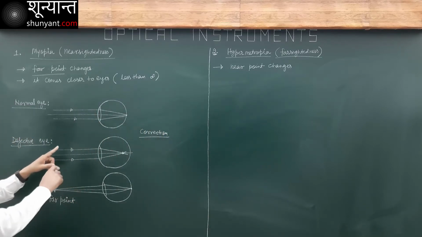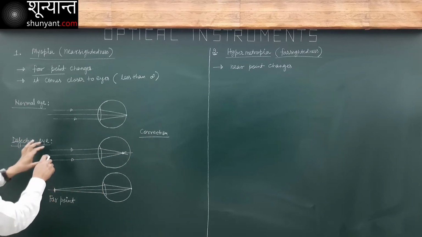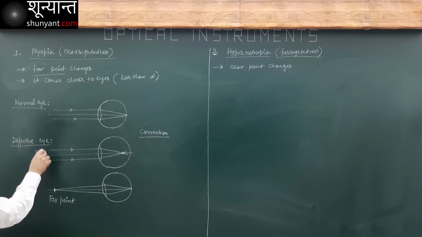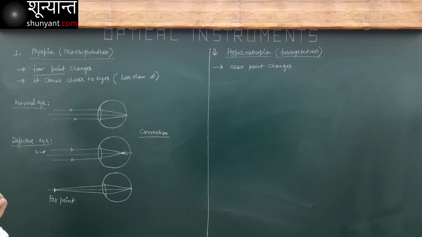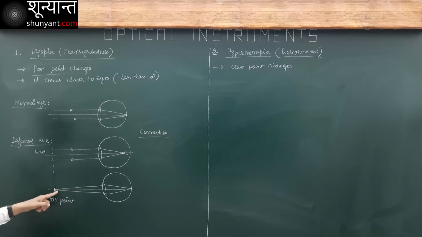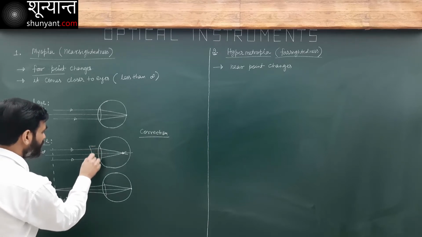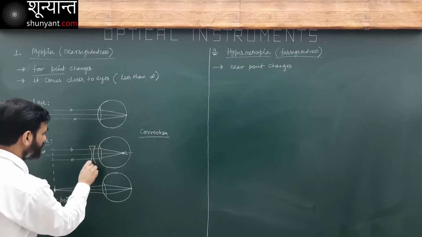So what is the correction? I'm going to draw it here itself. Now, the object is at infinity. If somehow I can make its image at this point, then I can see it. So I will use this concave lens here.